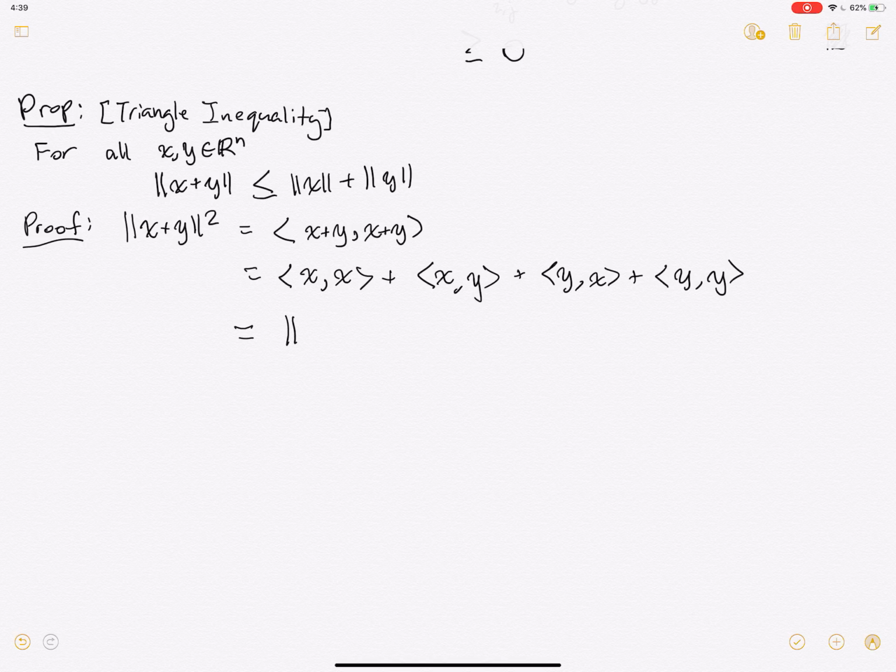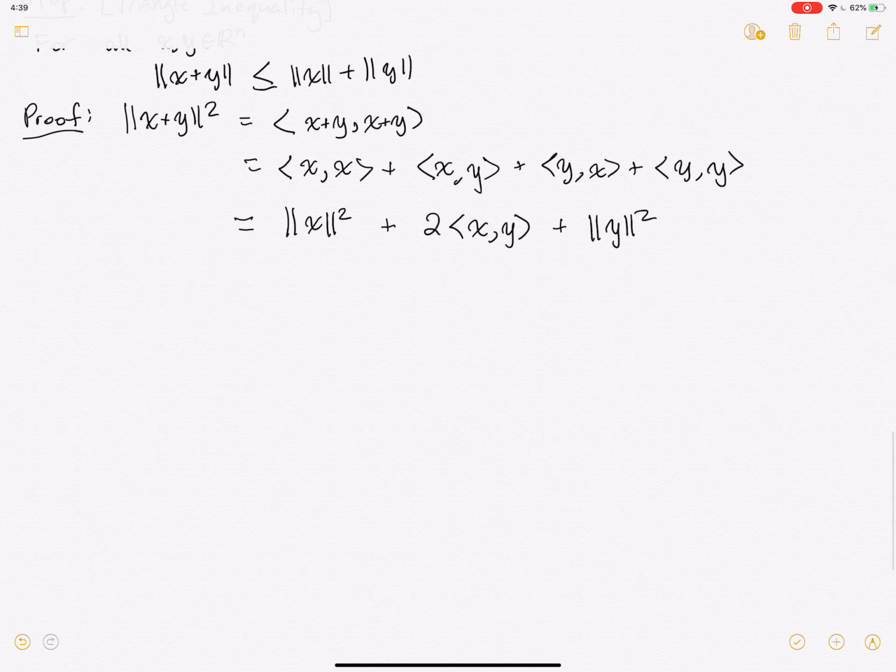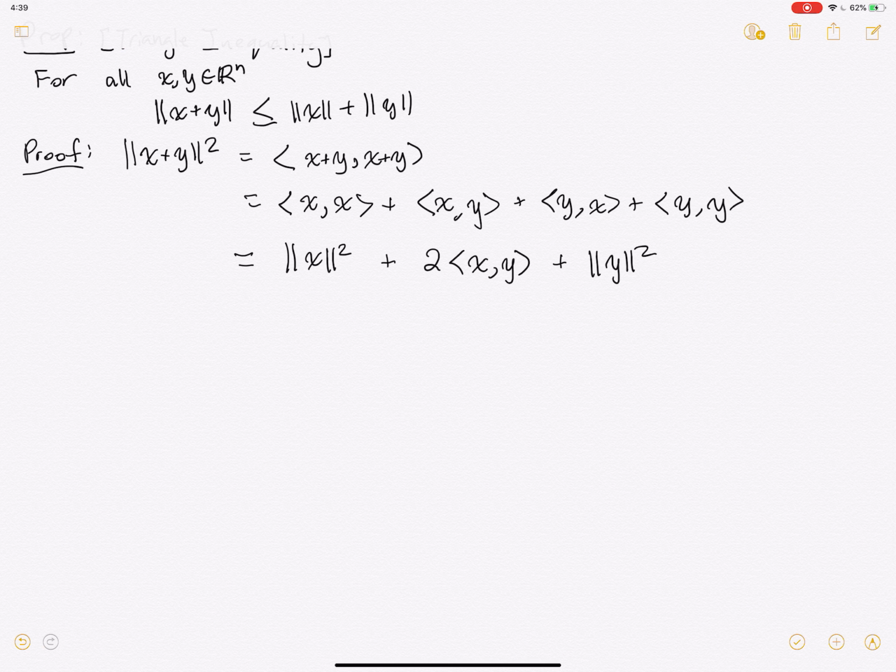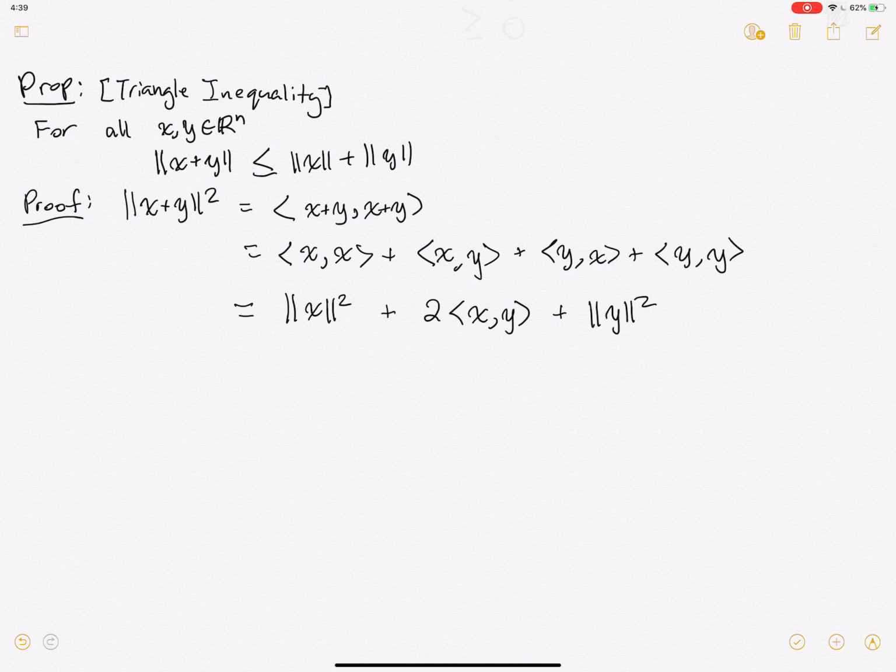Now this is just the norm of x squared, and then you have two of these x, y terms, and then the norm of y squared. And so by the Schwarz inequality, this is less than or equal to norm of x squared plus 2 norm x norm y, plus norm y squared.